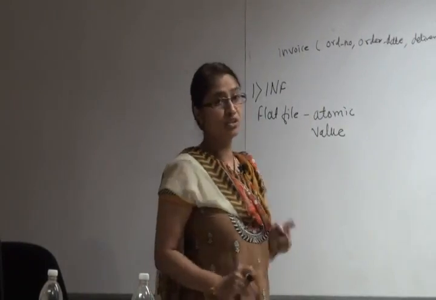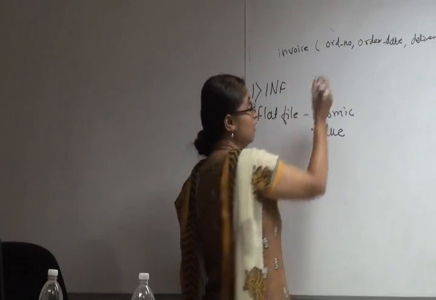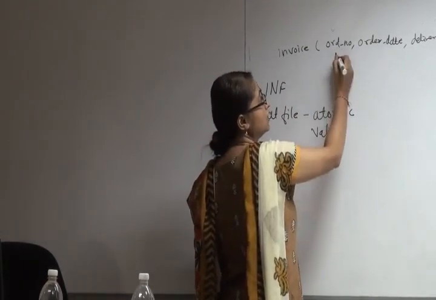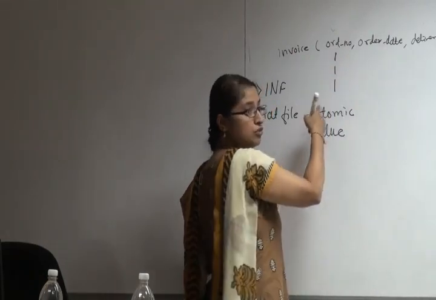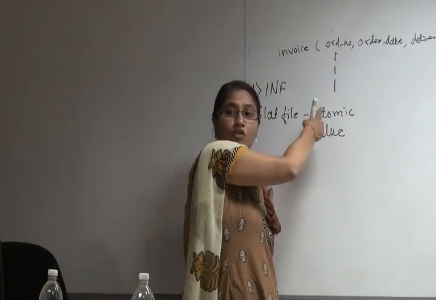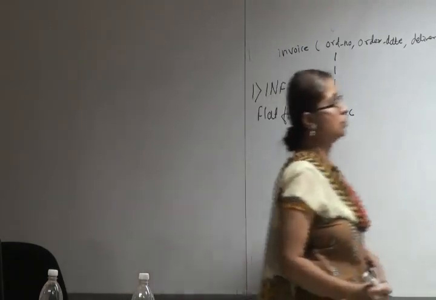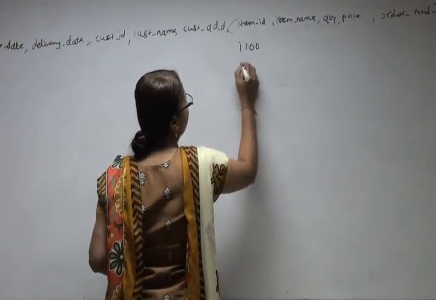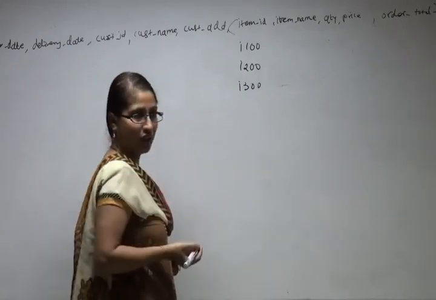Is it having structural stability now? Per record, for example, our order is 1 and one order has 3 items, so we will have 3 records here. We have item 100, item 200 and item 300, something like that.